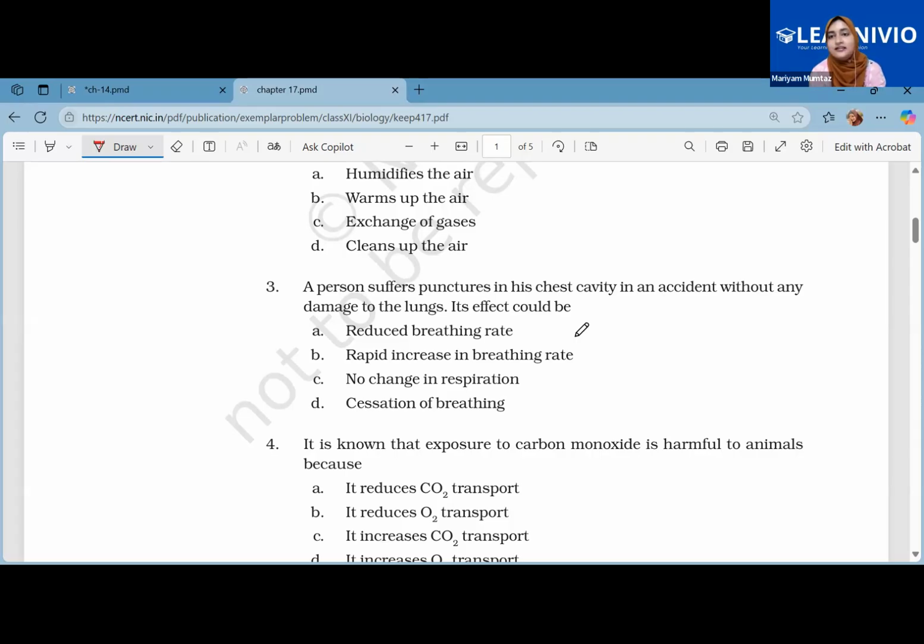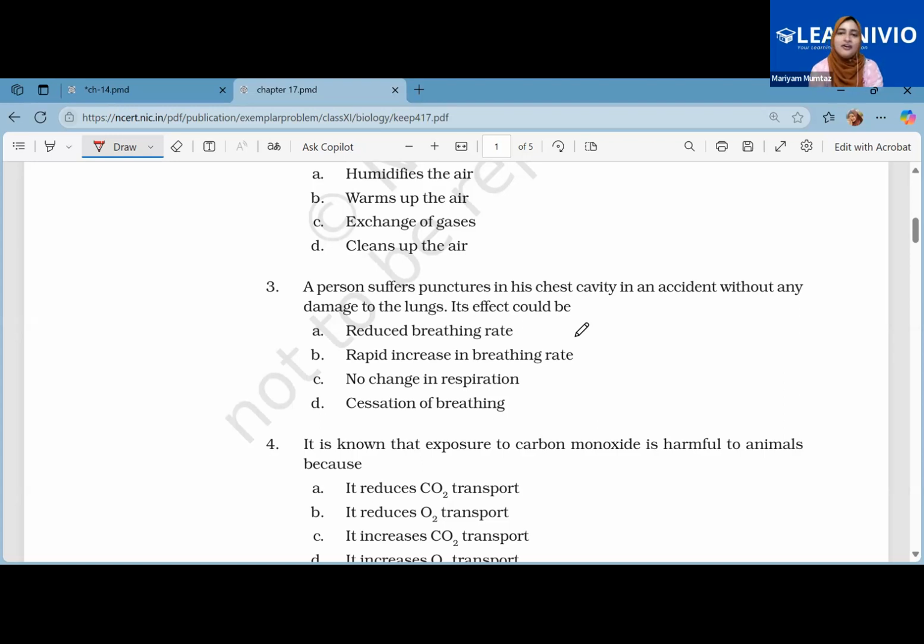You have to control, like if you're bleeding out or something, you'll have to control your breathing, right? So you have to think it's A or C. Aisha, what about you? Mom, I think it's C because there is no damage to the lungs. Yeah. There's no damage to the lung.